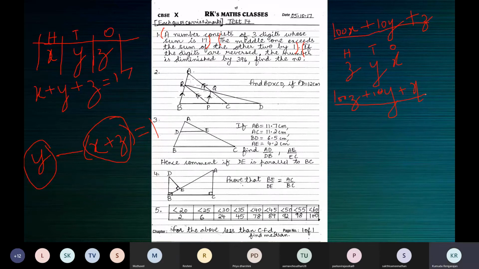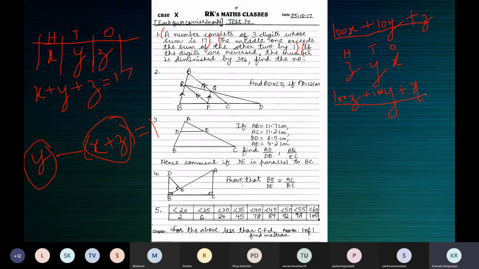That means the old number minus the new number is equal to 9. 54 minus 45 is 9.